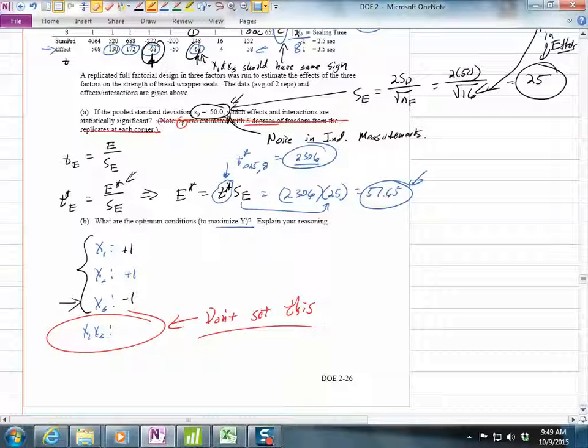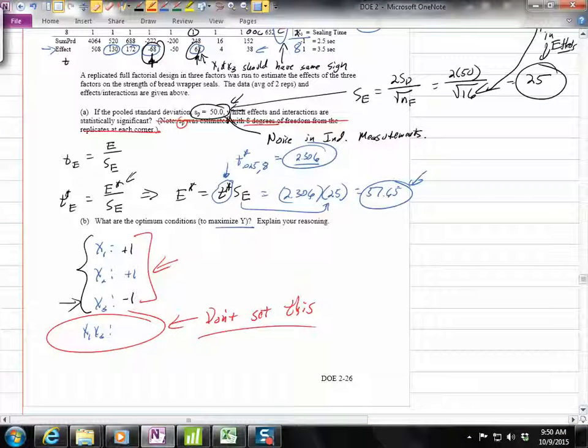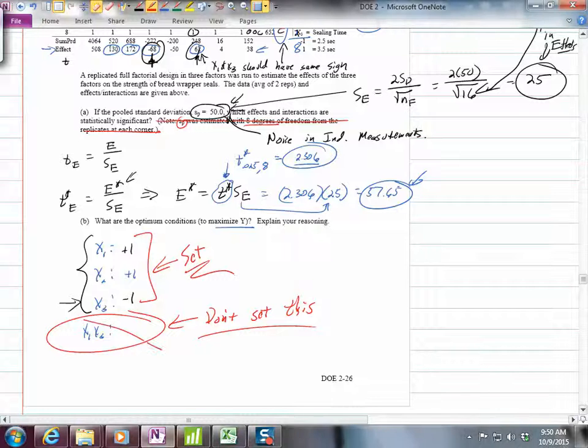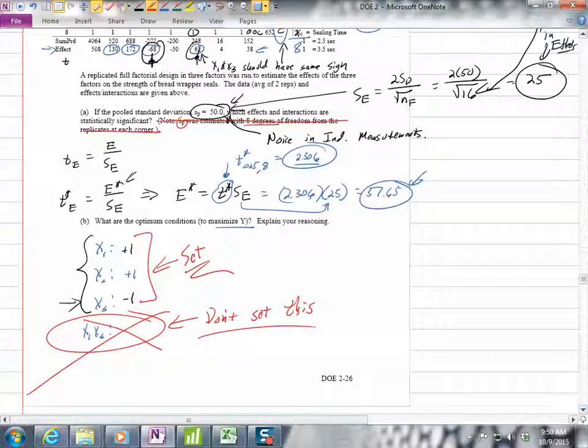The interaction values are whatever your factors are, right? These are the things that we set. We set the factors. The interactions come from those. So don't tell me set the interaction at this level. It doesn't make any sense. An interaction can be at that level, but you cannot set it at that level.